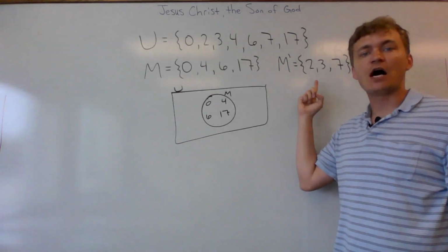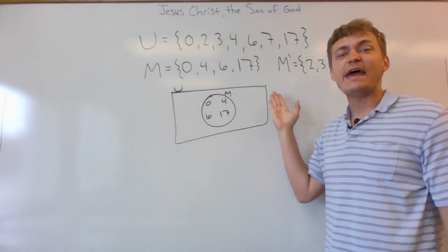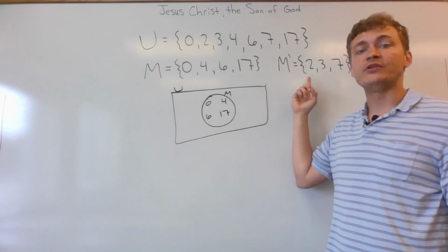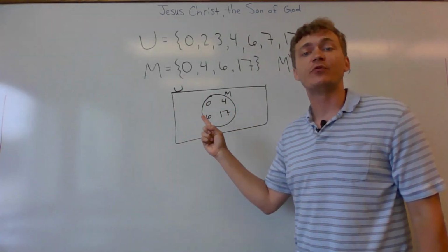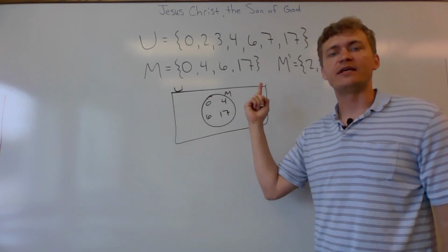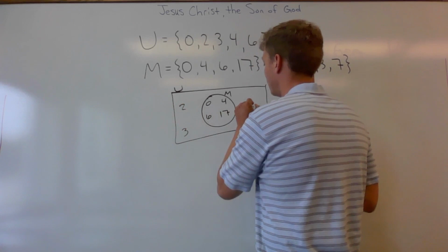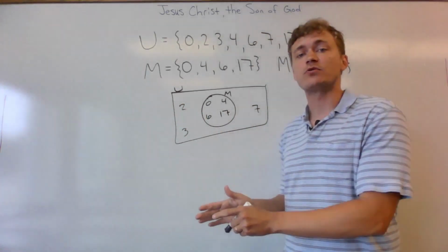So if M is the circle, then M complement is everything else inside of the rectangle, meaning that M complement, 2, 3, and 7, those 3 numbers are just floating somewhere inside the rectangle, but outside of the circle. So we'll place them on the exterior, 2, 3, and 7.